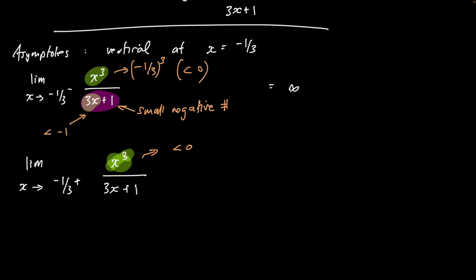This time, if x is coming in from the right-hand side, imagine your number line, here's negative a third. Now we're taking a value slightly closer towards 0. Then this term is going to be slightly bigger, slightly more positive, than negative 1. And so overall, when we add these together, we're going to get a small positive number.